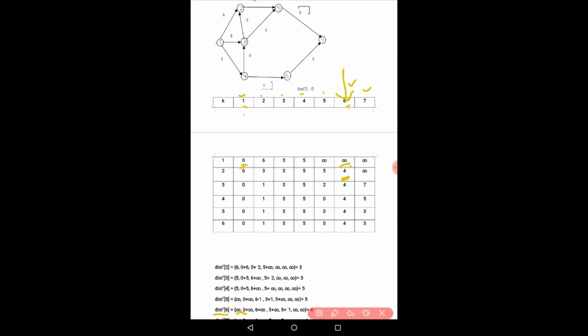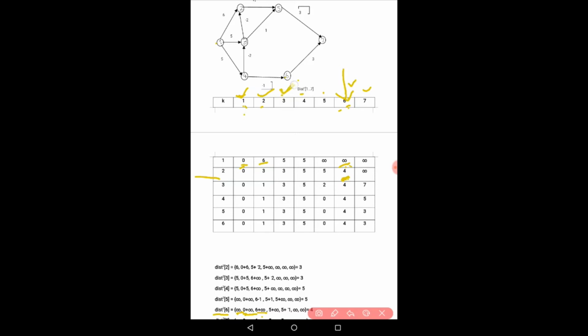No direct distance, so that value is infinity. So 0 plus infinity I have got. So vertex 1 I have considered. Now I will go for vertex 2. Currently I am filling this row. The previous row value for vertex 2 is 6. So 6 plus vertex 2 to current vertex 6. 2 to 6, there is no direct distance, so it is infinity. I have written that. Then 2 is over.